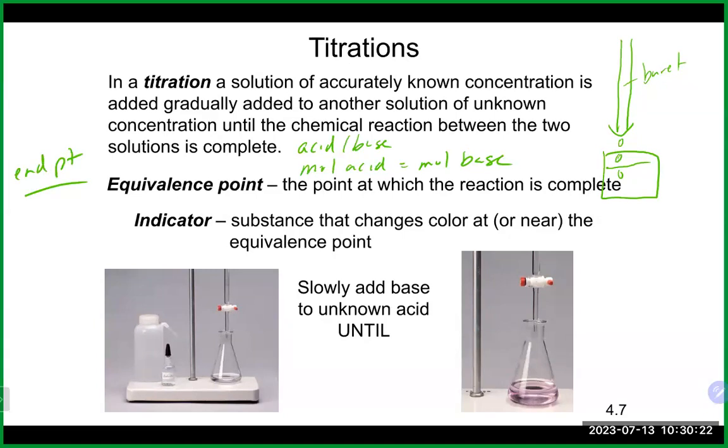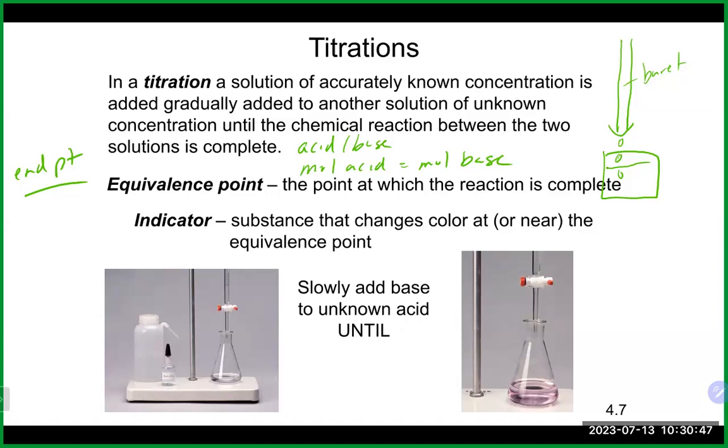The end point of a titration is pretty much where you stop your titration and call it a day. And hopefully, if you did a good titration, your end point and your equivalence point should be pretty much the same spot, because that is usually what you want when you do a titration, especially in this class. When you go to the next class, you go past it, but usually you want to stop at the equivalence point.